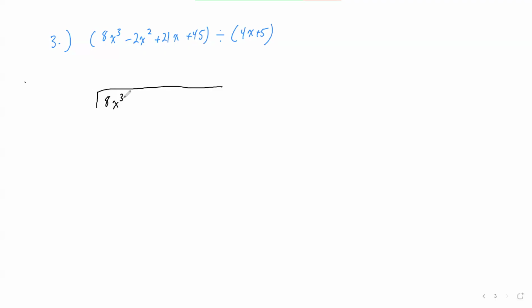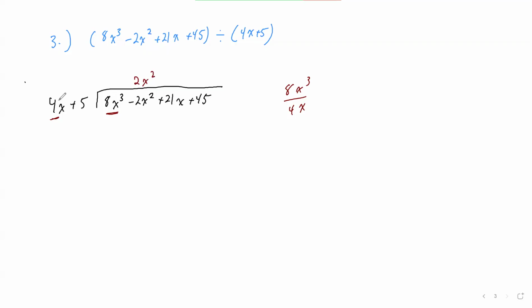So 8x cubed minus 2x squared plus 21x plus 45. Then the second part would go on the outside, and you would start the process. So again, I would start off with 8x cubed divided by 4x.